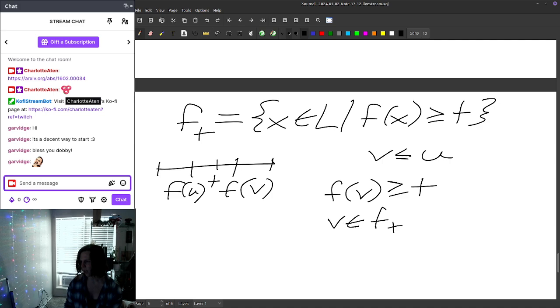But that means that anything that is less than or equal to v is also in f sub t.